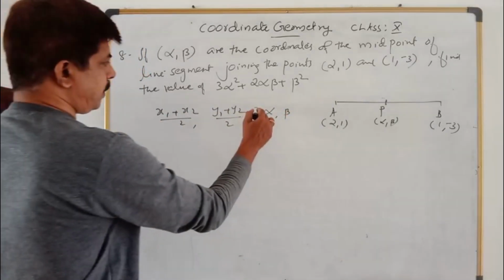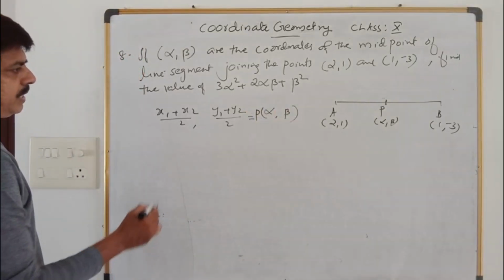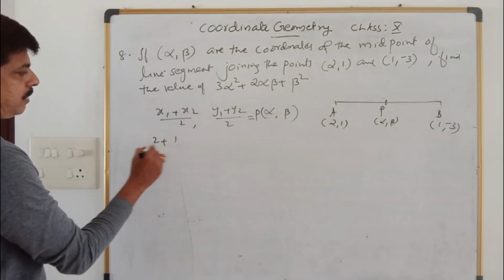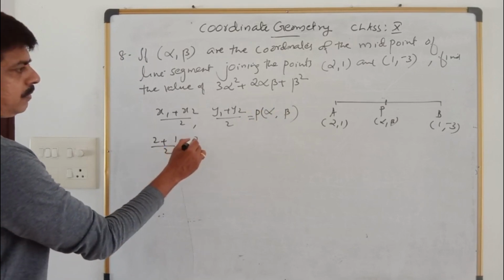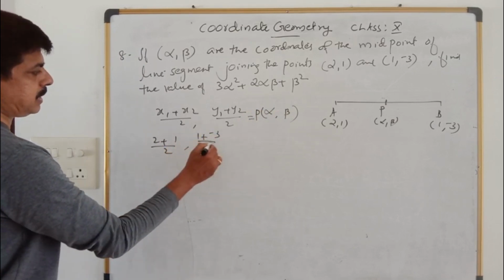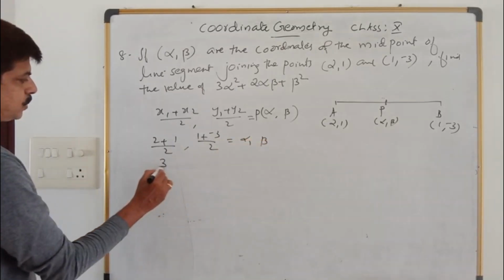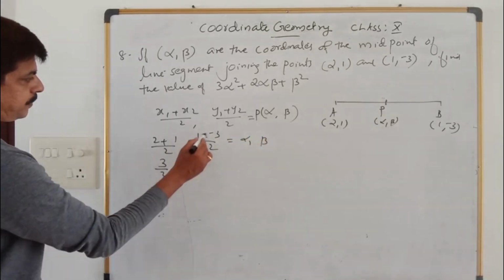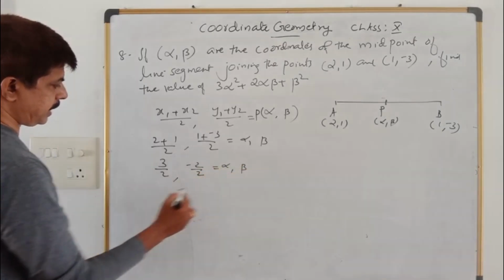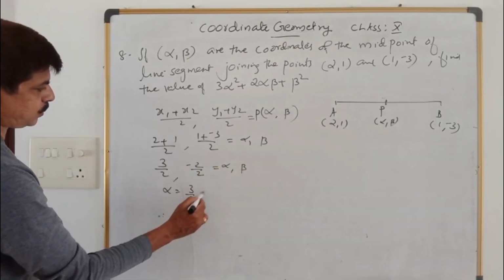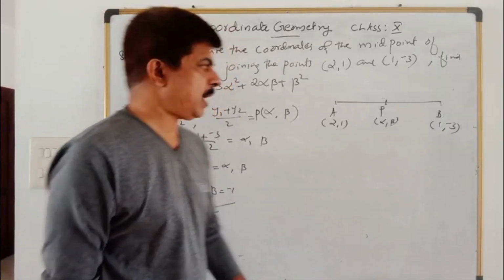So (2 plus 1) by 2, comma (1 plus minus 3) by 2 is equal to (alpha, beta). So 3 by 2 and negative 2 by 2 is equal to (alpha, beta). So we got alpha equal to 3 by 2 and beta equal to negative 1. We got the values of alpha and beta.